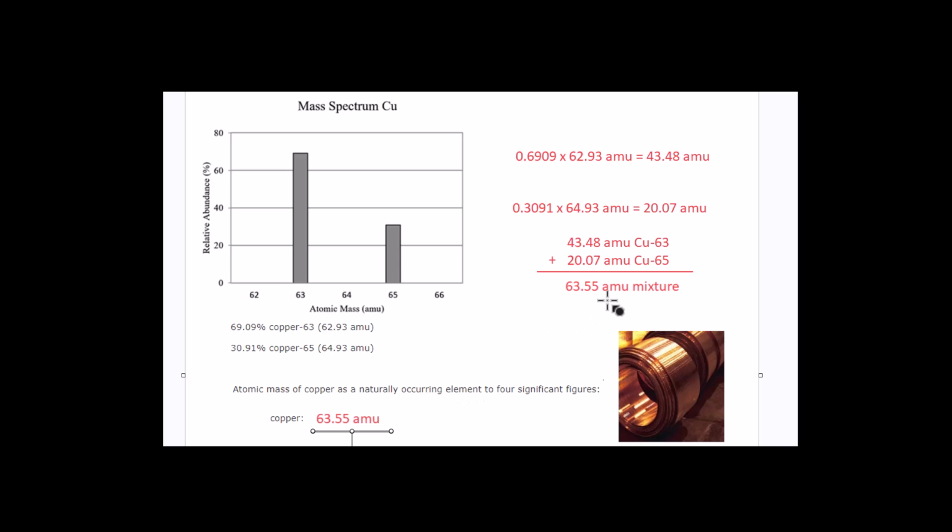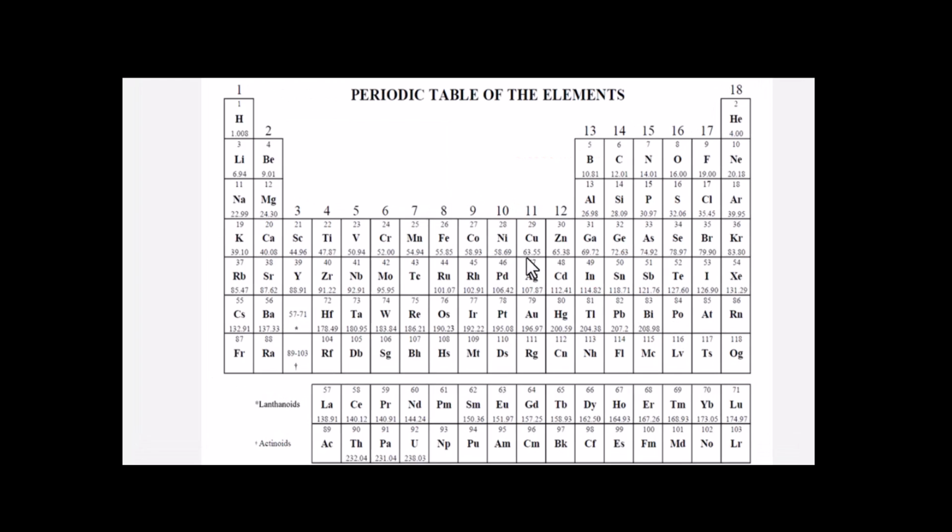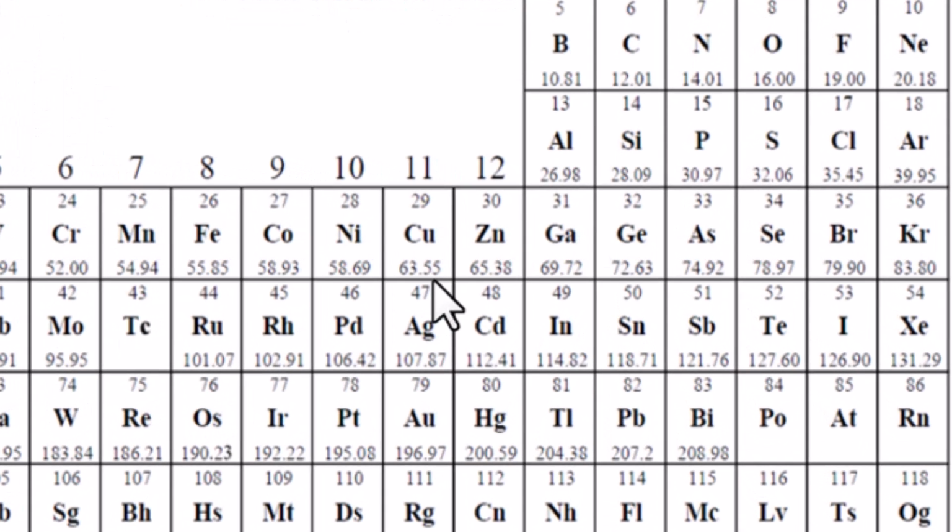calculate it. But if this had been a question that had given you this graph, and asked what the average atomic mass was for copper, don't do the calculation because, ta-da, the periodic table of elements has done that for you. 63.55, that's the average weight.